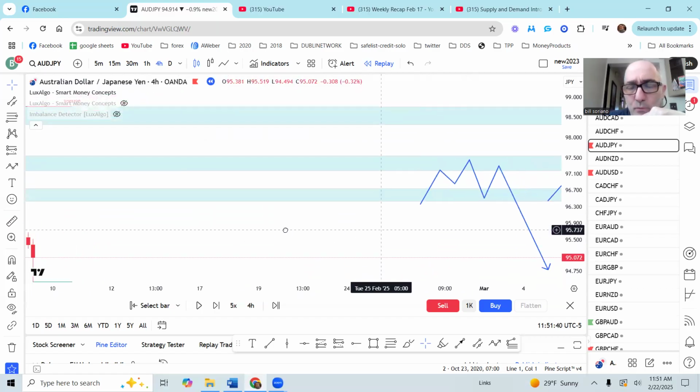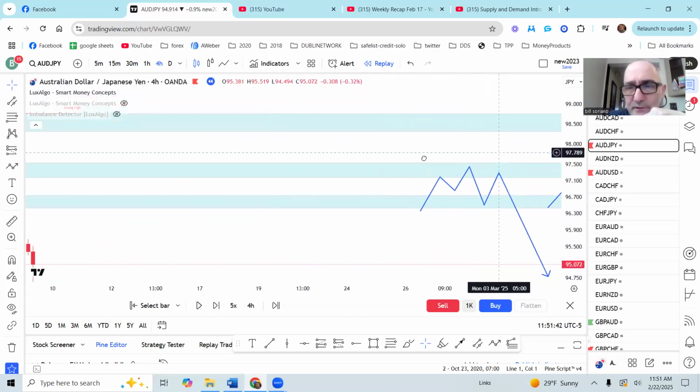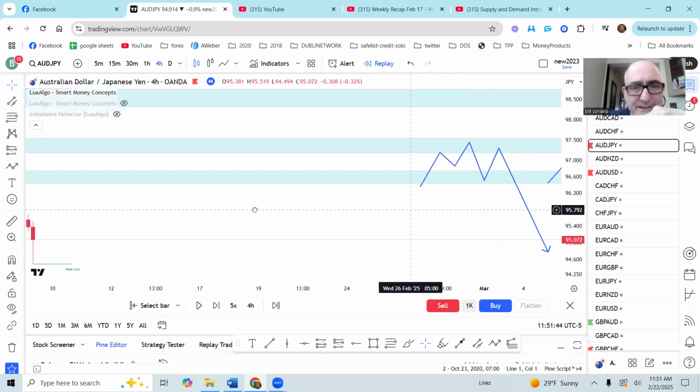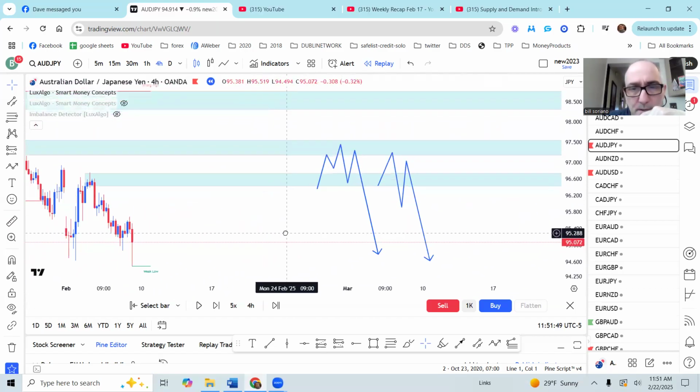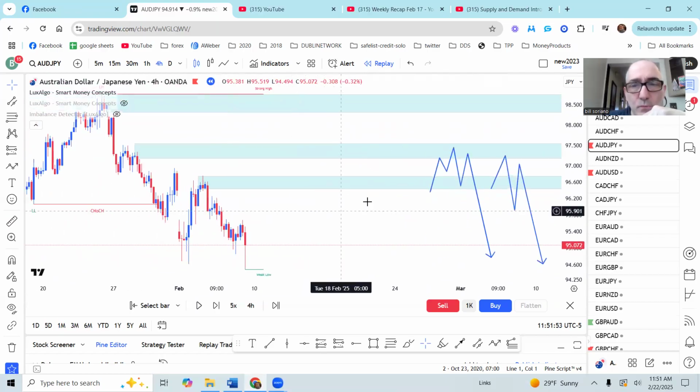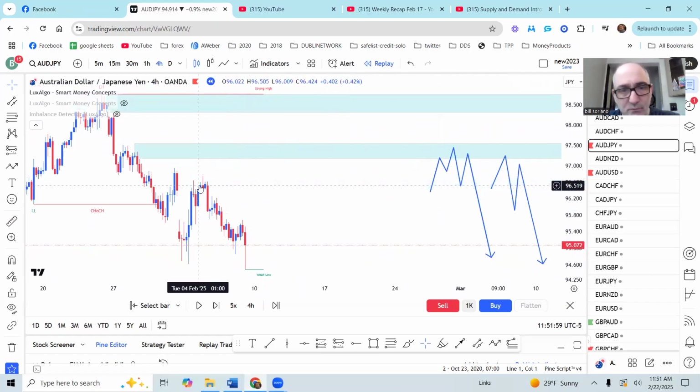And basically what we're looking for, and again, the other video will show you this in better detail, is for price to come once our supply zone gets hit. Let's just get rid of this one because that's really not a valid supply zone.